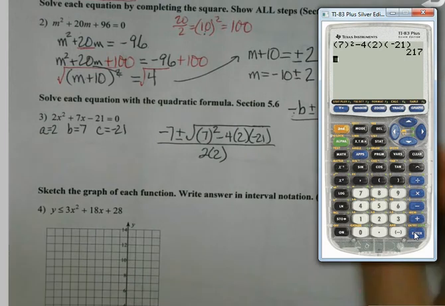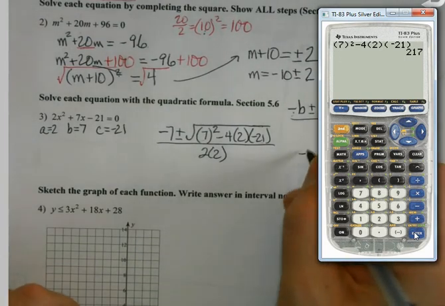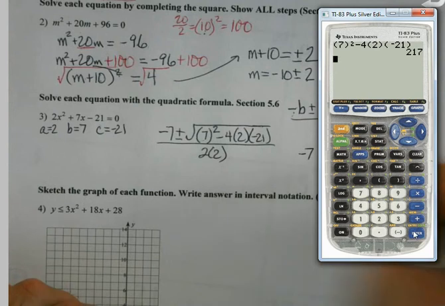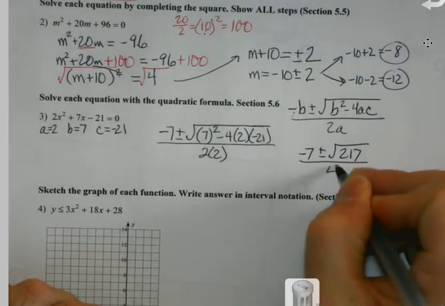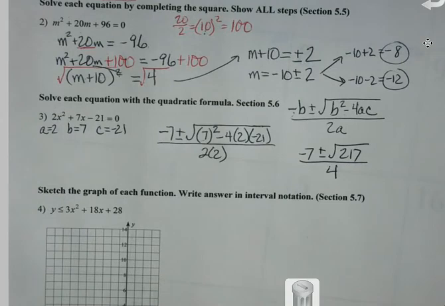So I've got negative 7 plus or minus the square root of 217, all over 4. So what we're going to do here is I would want to double check and make sure that radical doesn't break down more. If it doesn't, that's going to be my final answer. But if it does, well, that's something I need to do.